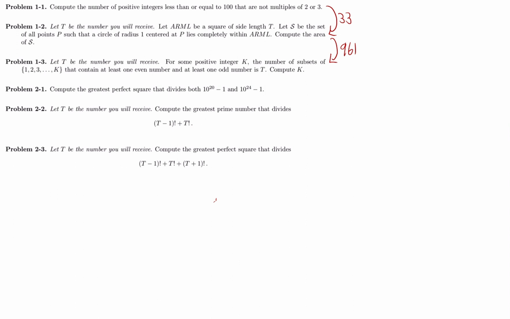All right, so let's see. We can just test out a value of k. Let's just say k is like 11. Then there's going to be 5 even numbers inside {1, 2, 3, ..., k}, and 6 odd.